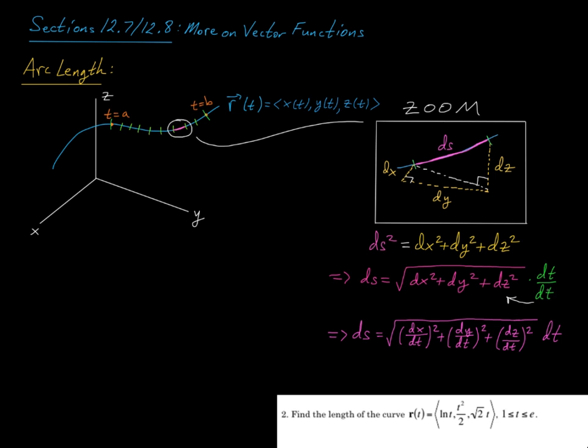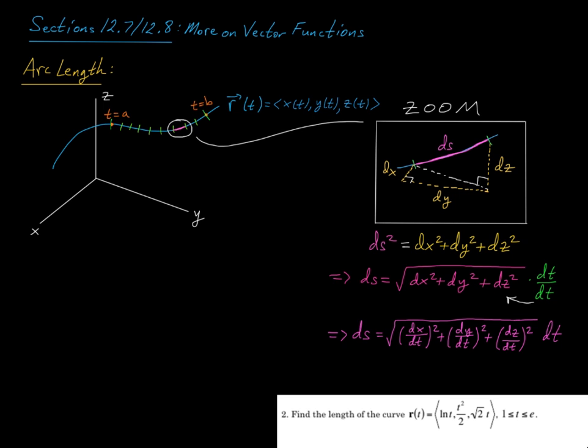Now notice here, if I take this dt in the denominator and bring it into the root, it's going to come in as a square. And if I distribute it to each of the square terms in the root, this gives me the square root of the sum of the squares of these derivatives, and then this dt from our numerator up here just stays outside the square root.